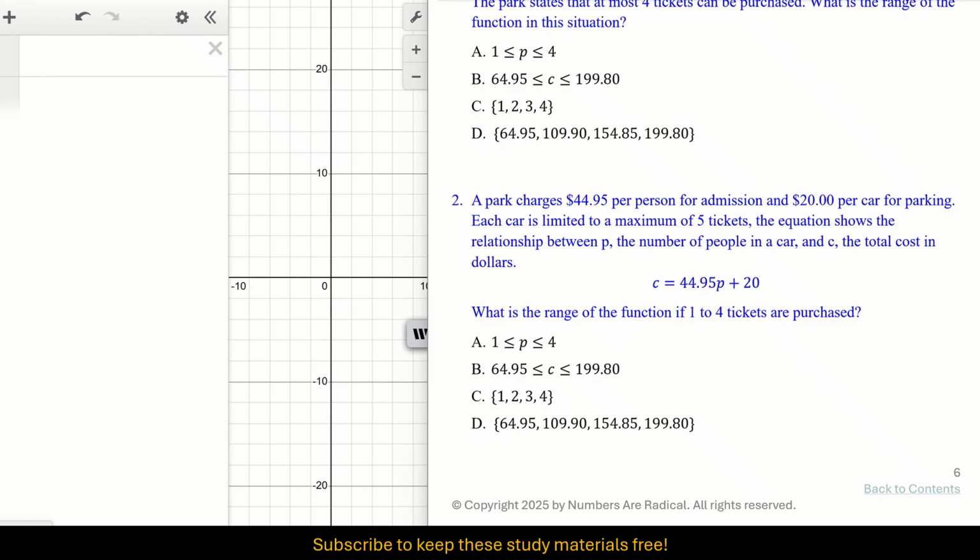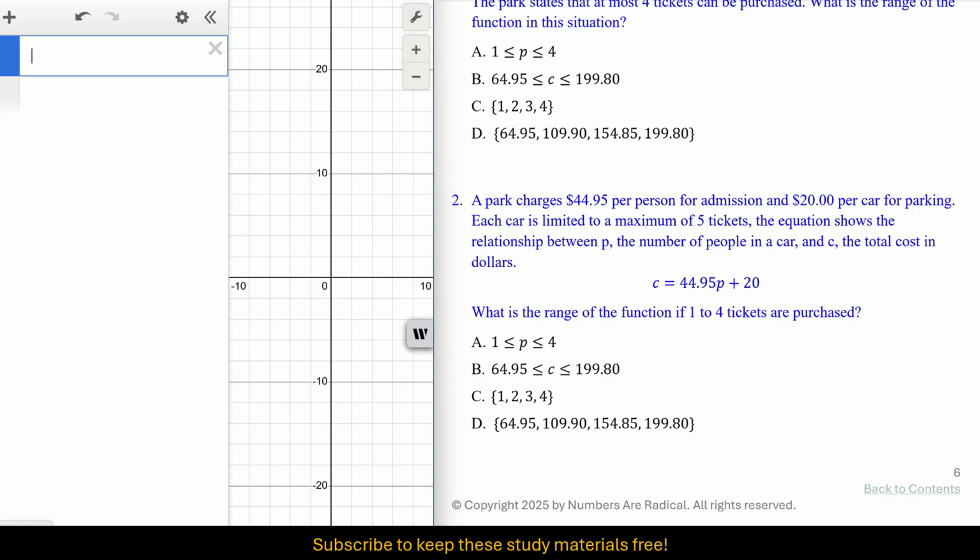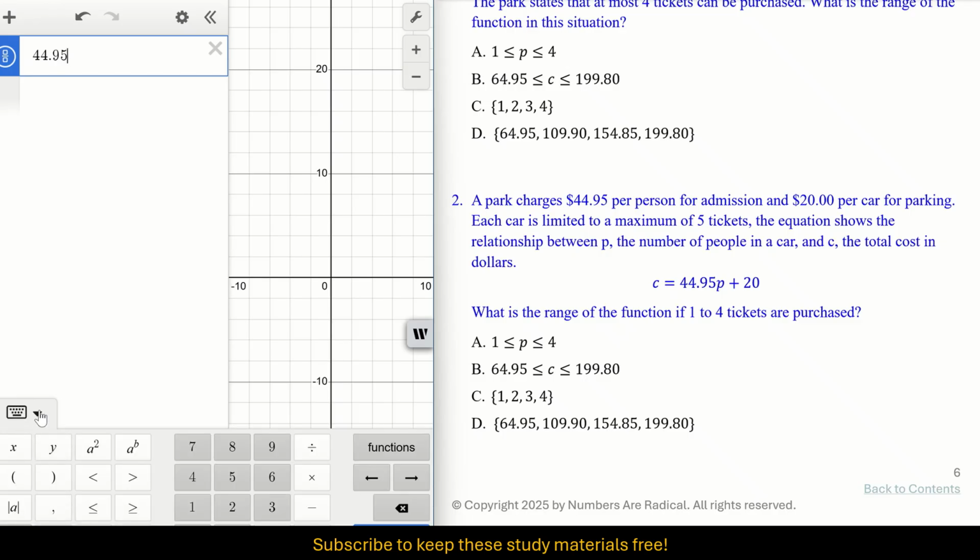Okay, so what do we need to do? Well, we need to enter the question, of course, into the calculator. Okay, so go to your line. Actually, you can go to any line you want as long as you know how to turn your questions on and off. Okay, so we need 44.95. Okay, and you can use your keyboard, and that's what I just did, or pull up the keyboard at the bottom.